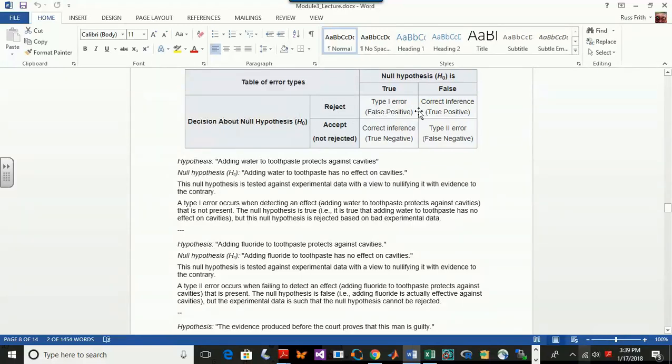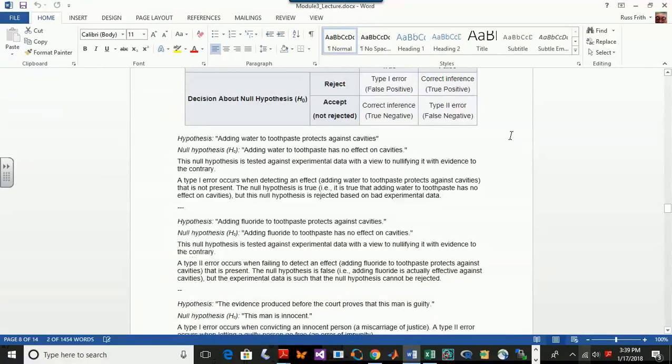It's always good to reject a false hypothesis. Now, if you accept a true hypothesis, then you're okay. But if you accept a null hypothesis that's false, then you have what's called a type 2 error.